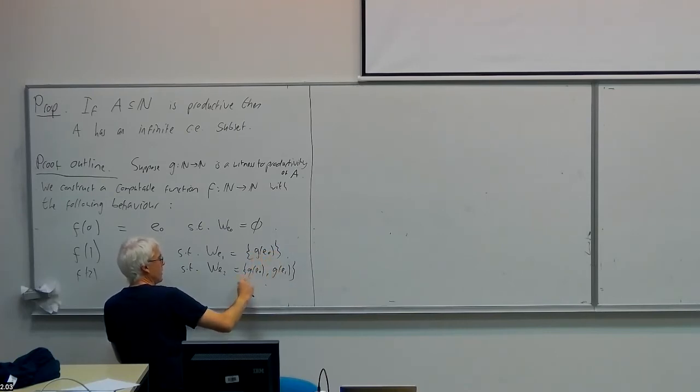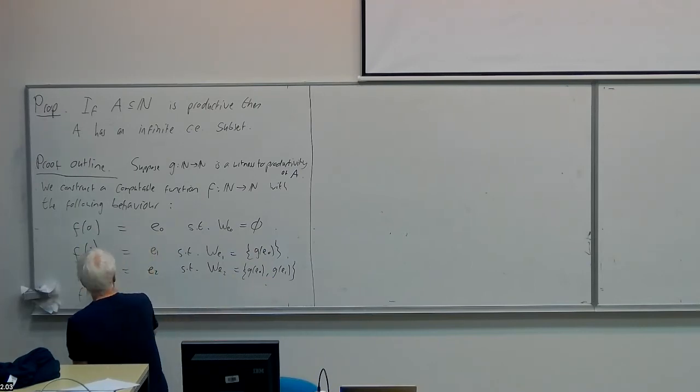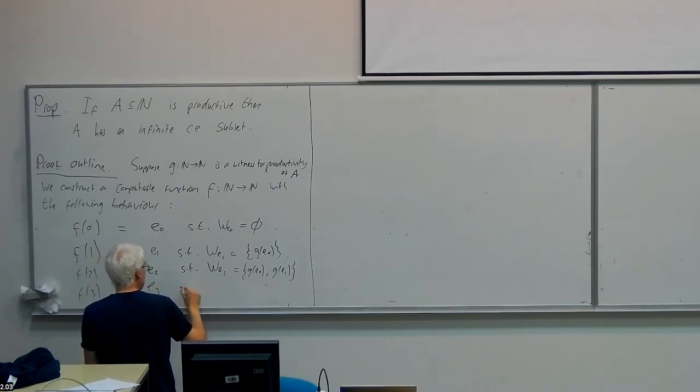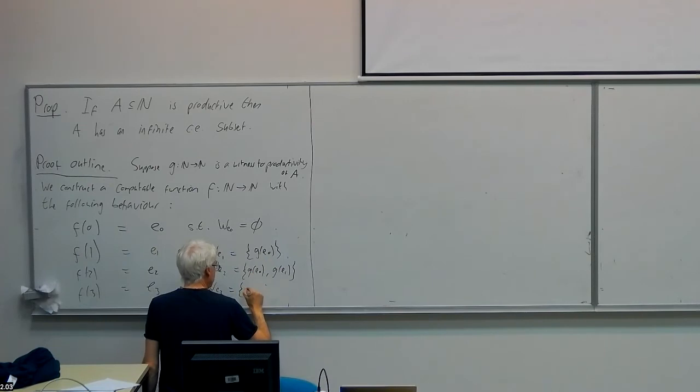So this is now a computably enumerable subset of A with two elements, e2, and if you apply g of e2, we're going to get another element of A that's outside these elements. So f of 3 is going to be e3, such that W of e3 is g e0, g e1, g e2.